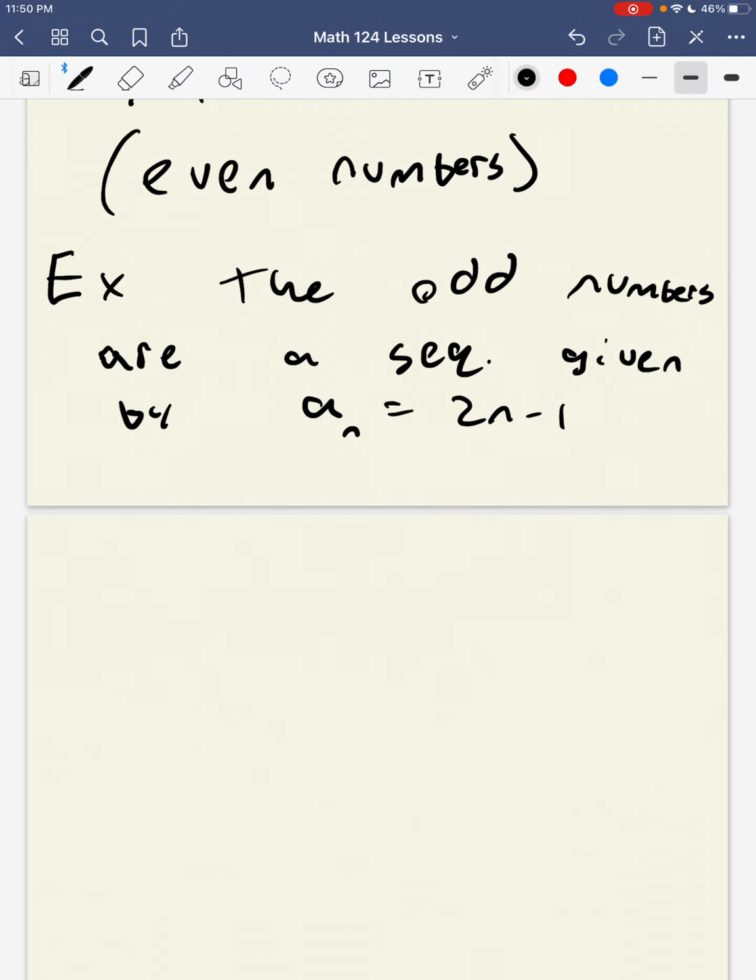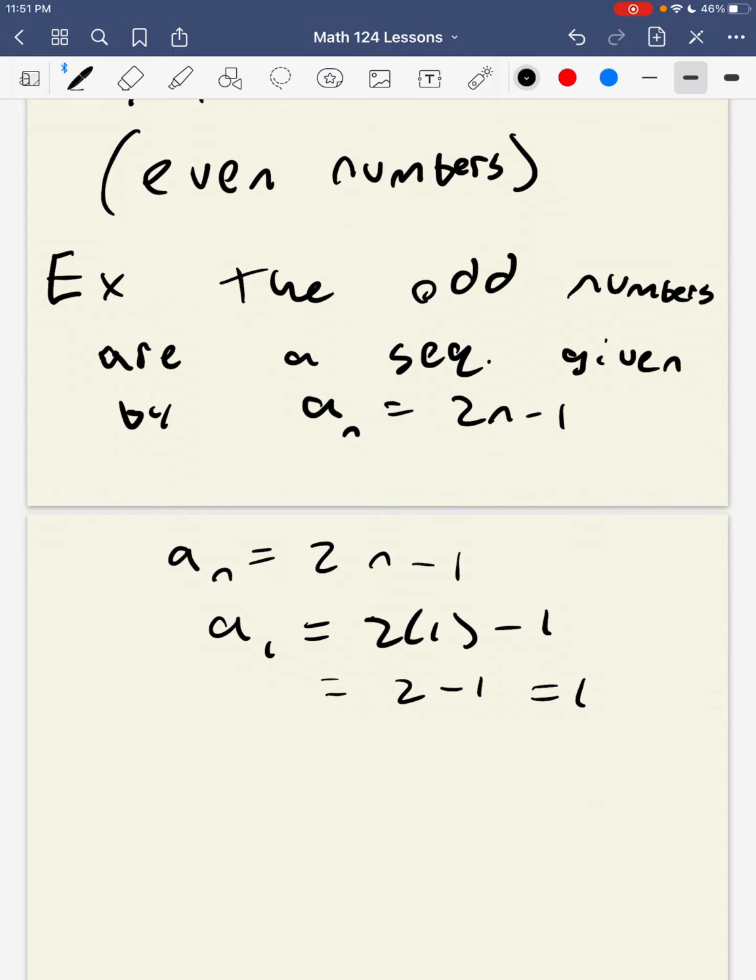So I changed it to 2n minus 1. And then plug in the 1. We get 2 times 1 minus 1. Sorry about that typo. So that's 2 minus 1 equals 1. We plug in the 2. We get 2 times 2 minus 1.